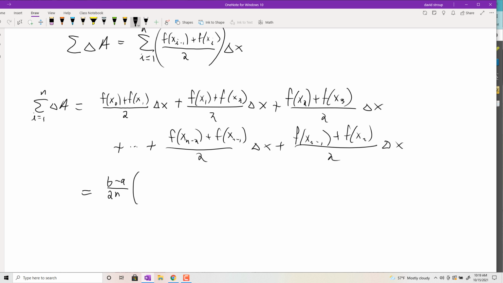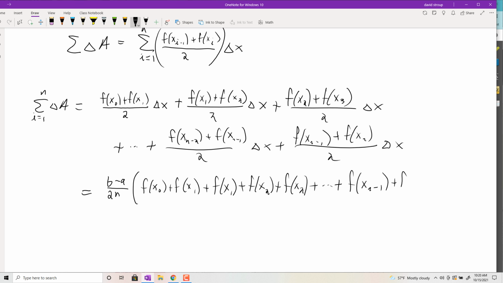And then look what I'm left with: f of x sub 0 plus f of x sub 1 plus another f of x sub 1 plus f of x sub 2 plus another f of x sub 2, and that goes on and on, and then plus f of x sub n minus 1 plus f of x sub n minus 1 plus f of x sub n. And you can combine like terms.